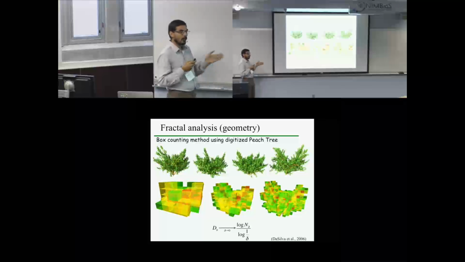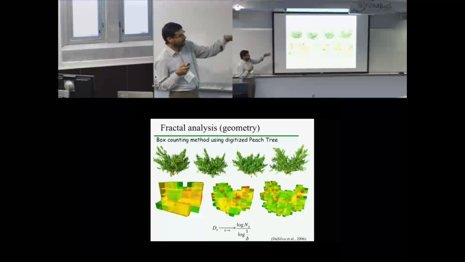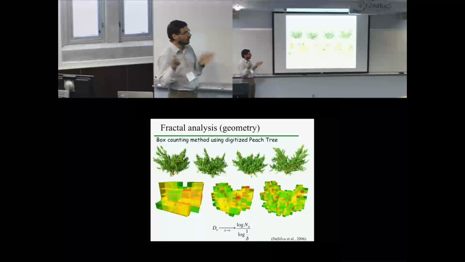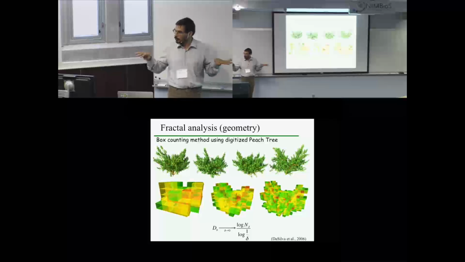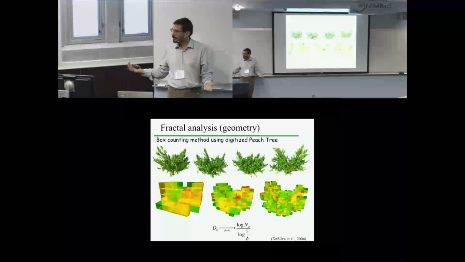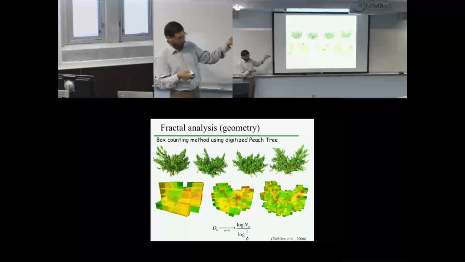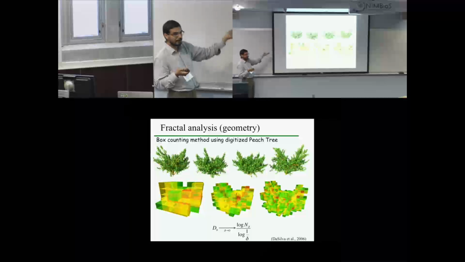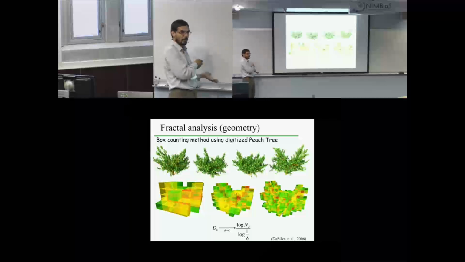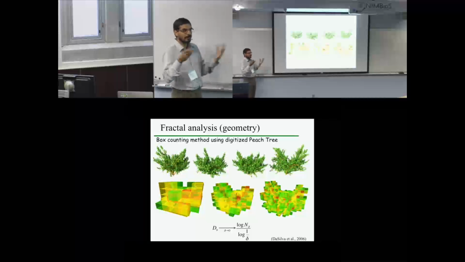In the first it is 2.33. Here it's between 2.34 and 2.37. And just to remember, the dimension of a surface is 2, and the dimension of a volume is 3. So having a value between 2 and 3 says that the set of leaves is not a surface and not a volume. It's between a surface and a volume.